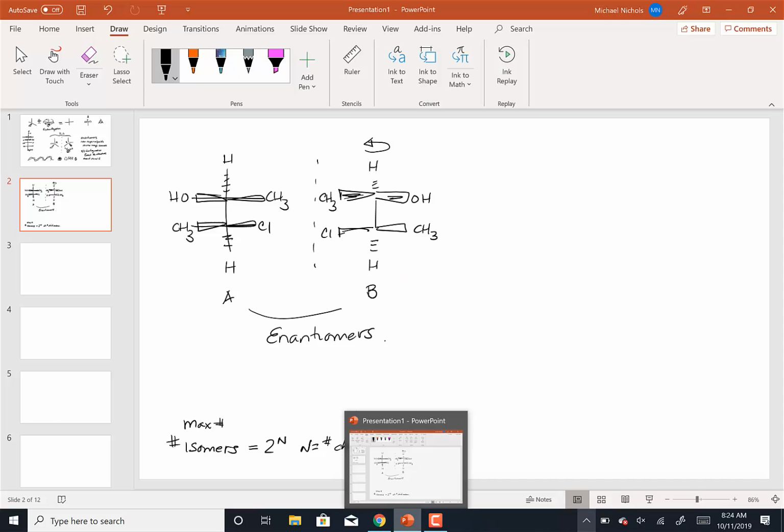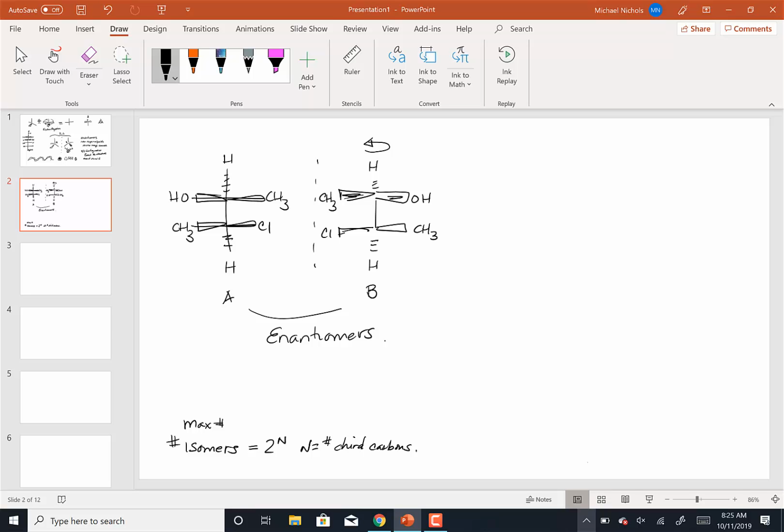If each chiral center can be R or S, then the total number of combinations is 2 to the n power. So if you have one chiral center, you have R and S, 2. If you have two chiral centers in this case, how many possible combinations do we have? 4. So that means there are 4 possible structures for this molecule, and we've written 2.